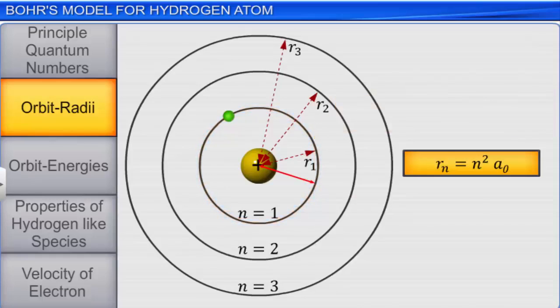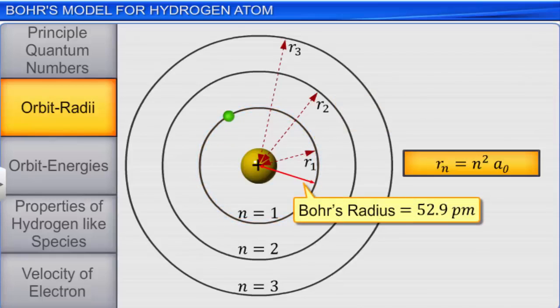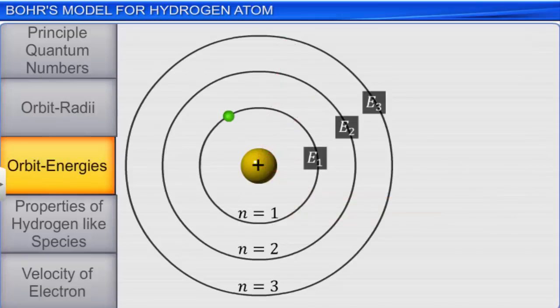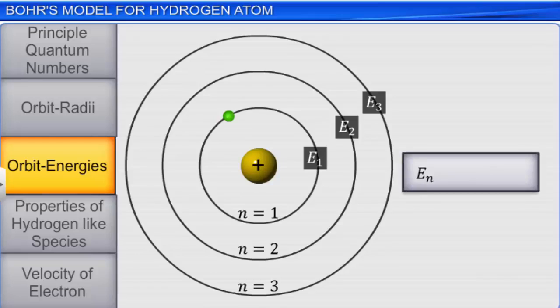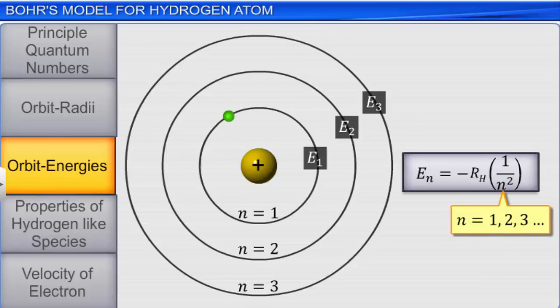The energy of a stationary state or orbit is given by the equation energy of the nth orbit En is equal to minus RH multiplied by 1 divided by n square, where n is the principal quantum number of the orbit and RH is Rydberg's constant, whose value is 2.18 multiplied by 10 raised to the power minus 18 joules.